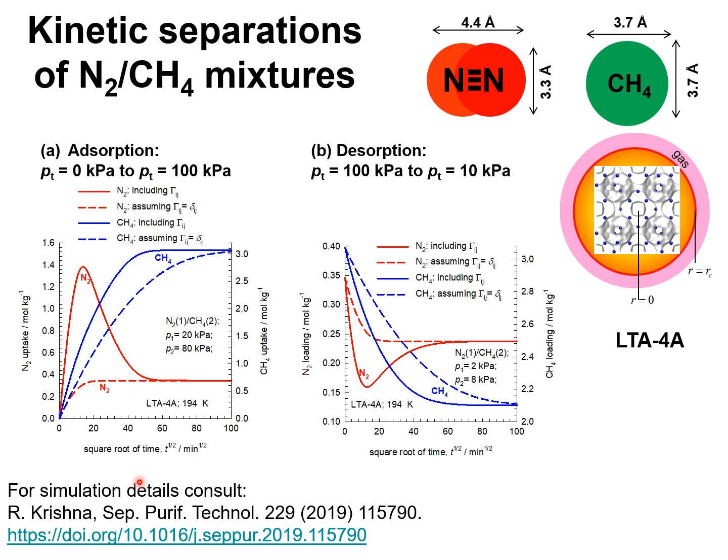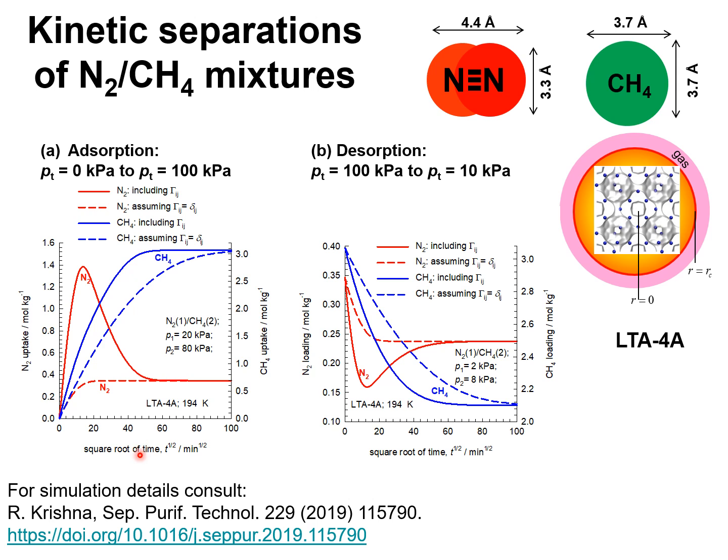And as emphasized previously, the experimental observation of Habgood, in which transient overshoots were detected for nitrogen, can only be captured by proper accounting for thermodynamic coupling effects.